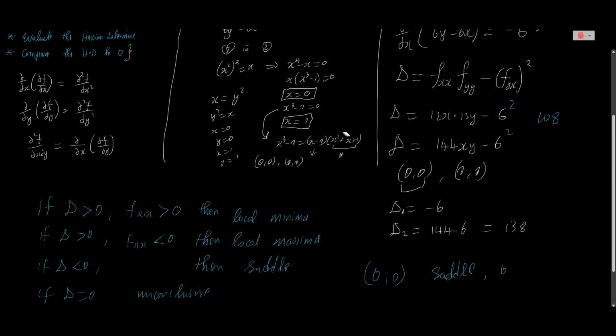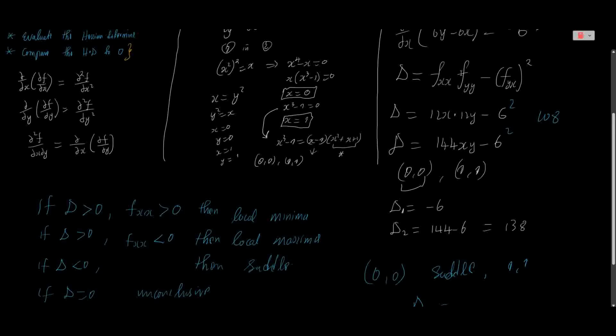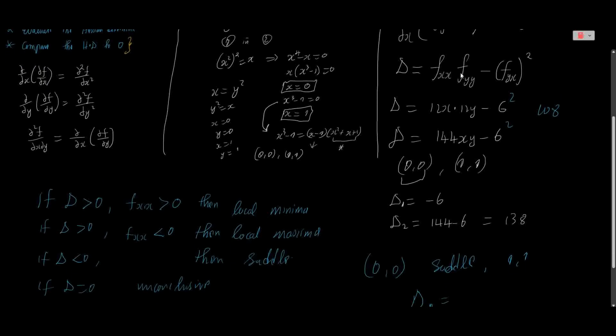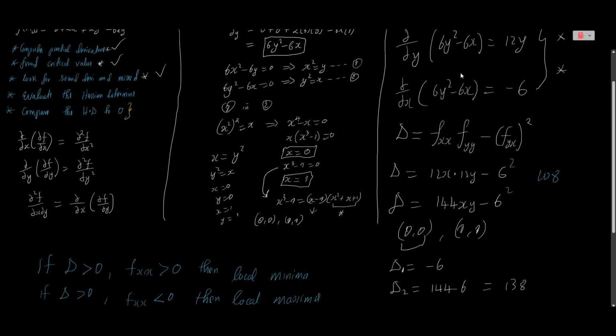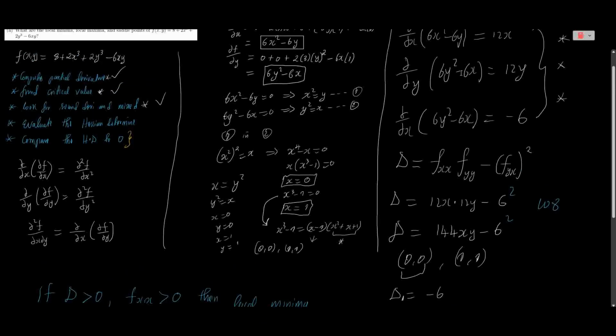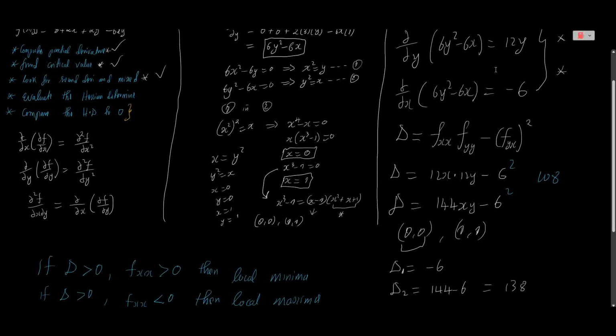Now the point 1, 1, right, we cannot conclude yet. For our Hessian determinant for the second point, we insert it in our Hessian formula. Our second derivative with respect to x was 12x and with respect to y was 12y.